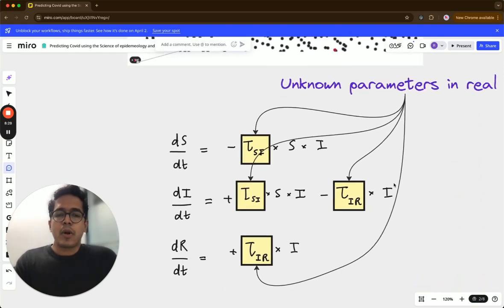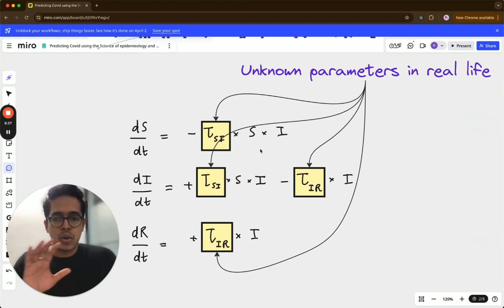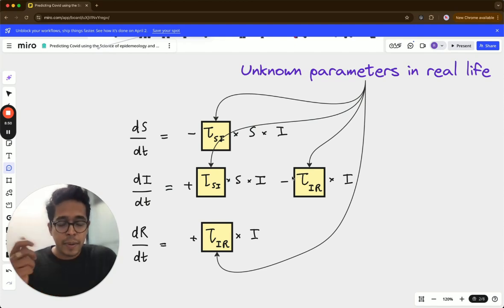The problem with this model, although it's very simple and easy to solve, is that these interaction parameters are unknown in real life. We have no idea what this tau SI or tau IR is. Tau SI is the interaction parameter between susceptible and infected. Tau IR is the interaction parameter for people going from infected to recovered. And the problem is different viruses have different ways of spreading, different rates of spreading, different incubation periods.